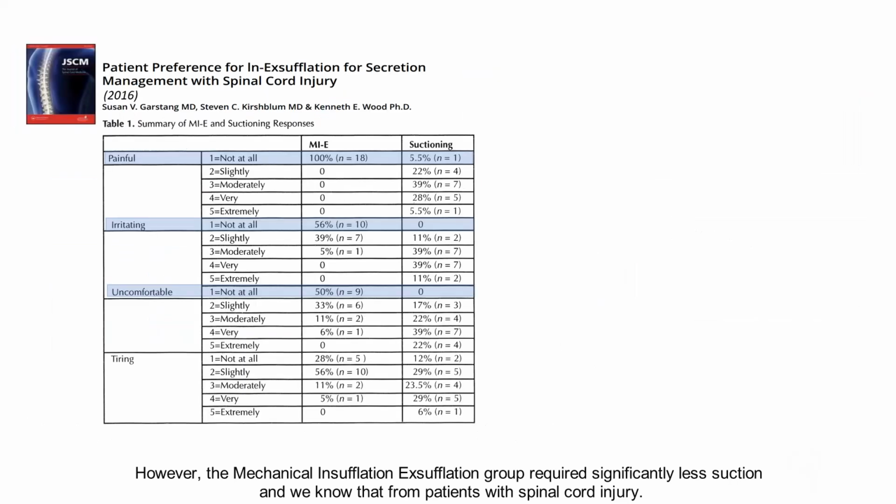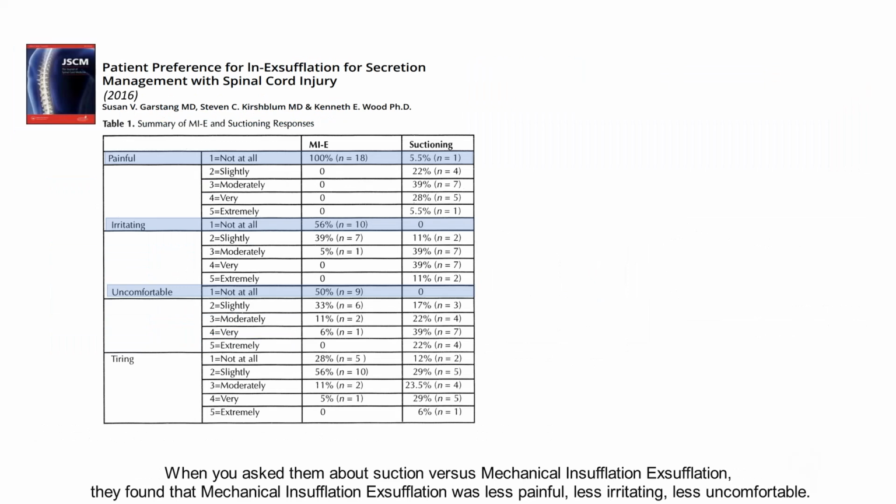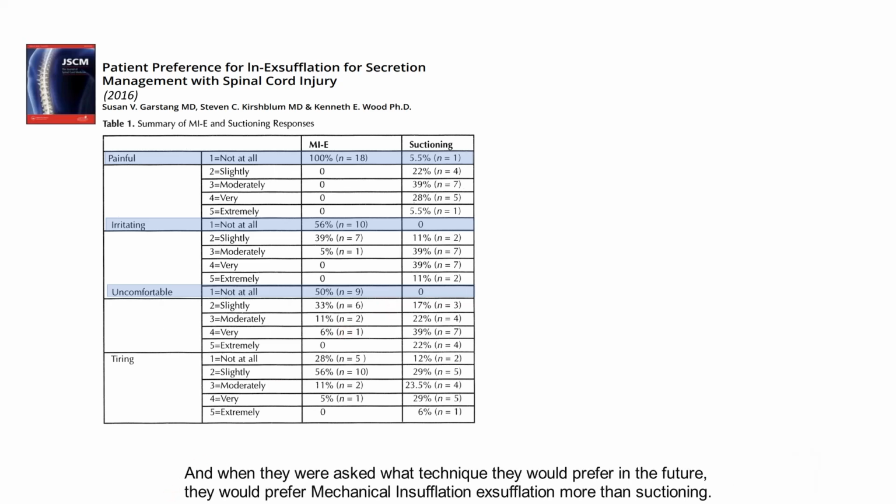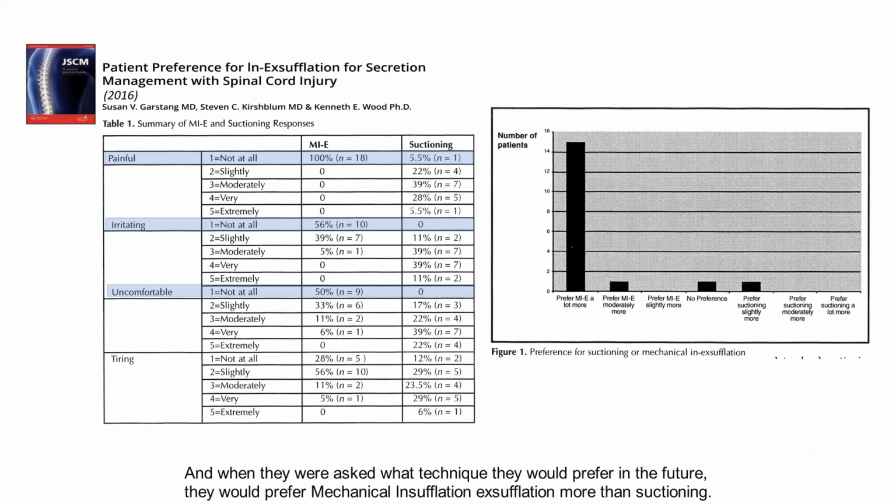And we know that from patients with spinal cord injury, when you ask them about suction versus mechanical insufflation-exsufflation, they found that mechanical insufflation-exsufflation was less painful, less irritating, less uncomfortable. And when they were asked what technique they would prefer in the future, they would prefer mechanical insufflation-exsufflation more than suctioning.